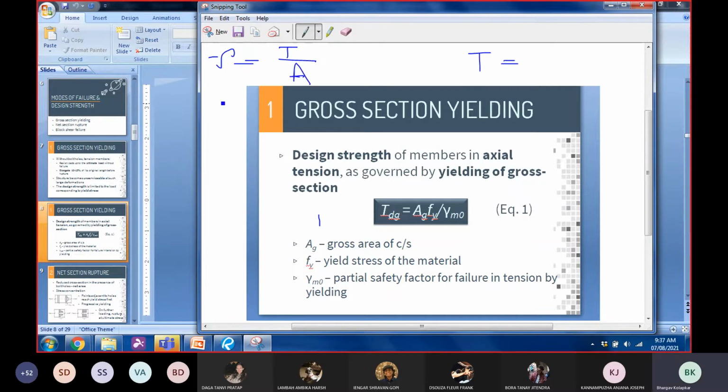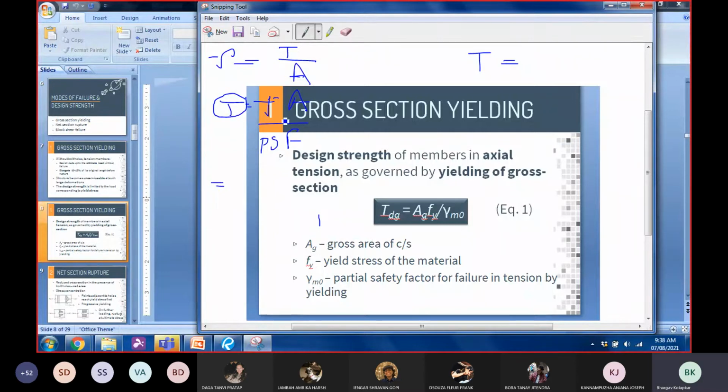So if I want to calculate force, force is equal to stress times area. But we have learned about partial safety factors. Whenever we are dealing with material strength, we divide it by a partial safety factor. So naturally, there will be a partial safety factor here, and that is how we get our first T.